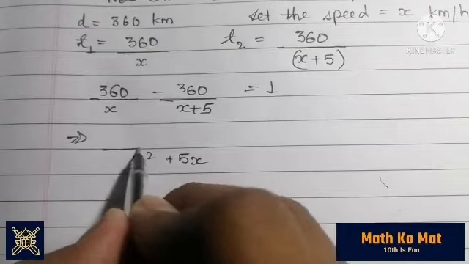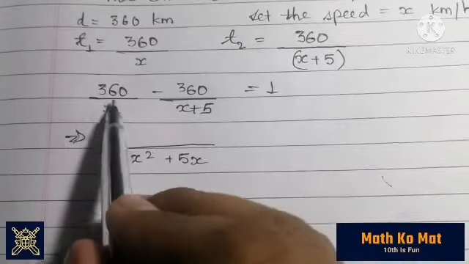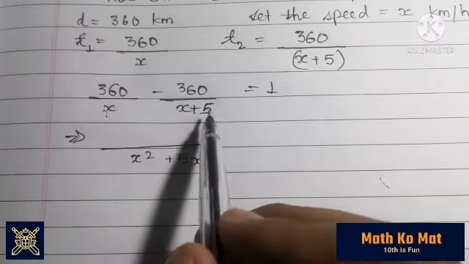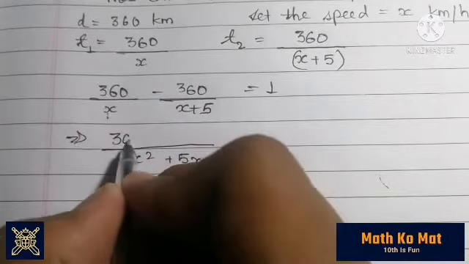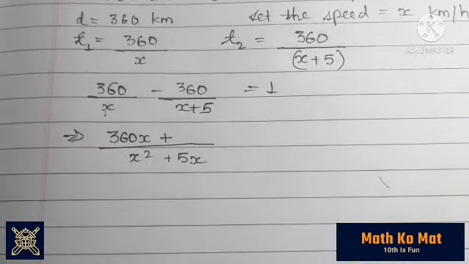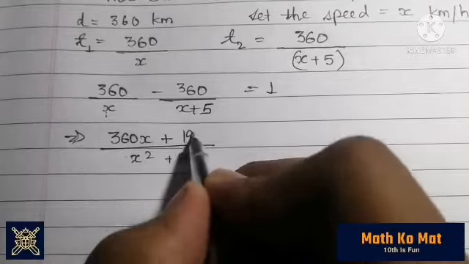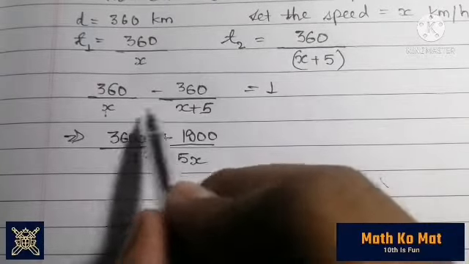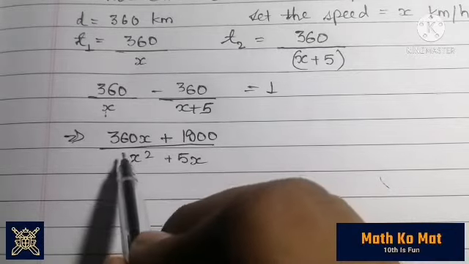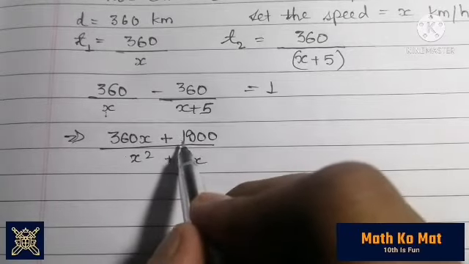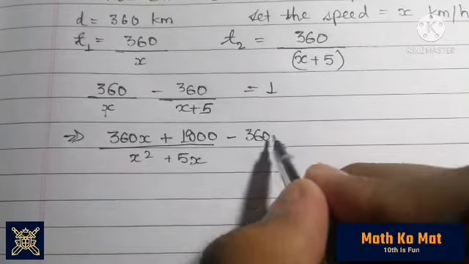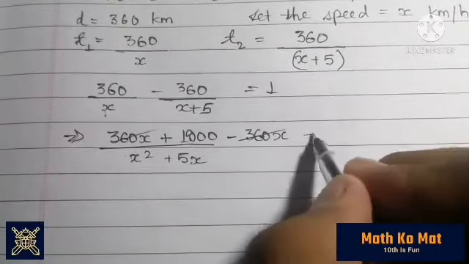In the numerator, we multiply 360 by x plus 5 and subtract 360 multiplied by x. 360 into x gives 360x, and 360 into 5 gives 1800. So we have 1800 minus 360x, and then this and this get cancelled, and this is equal to 1.